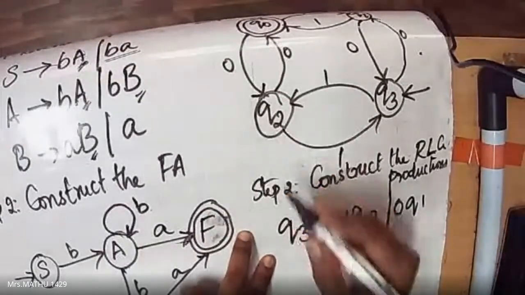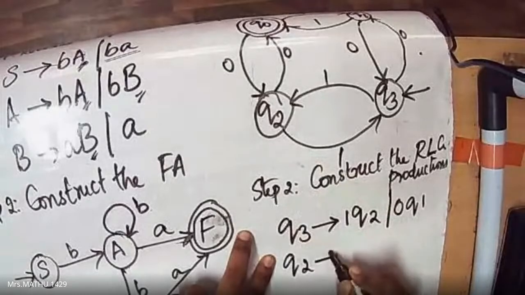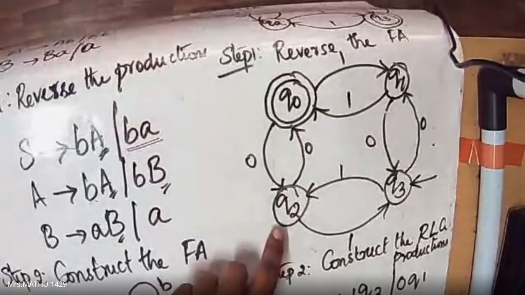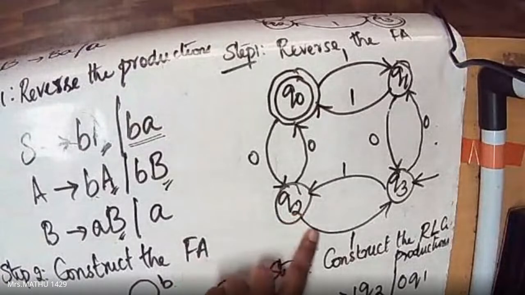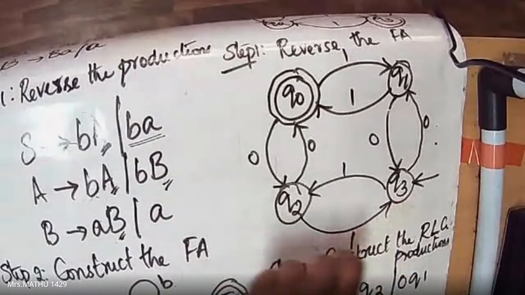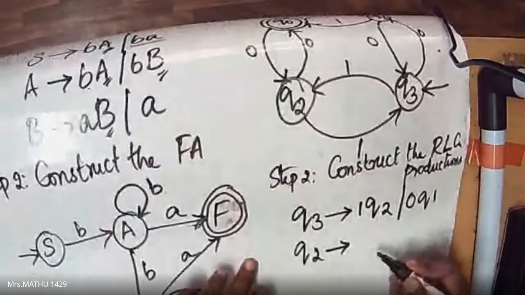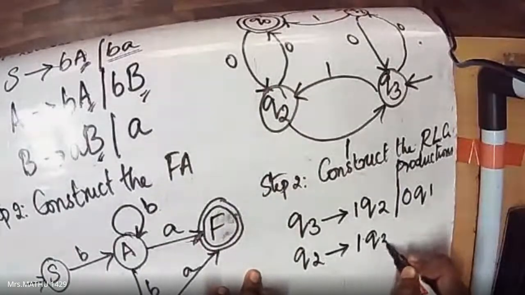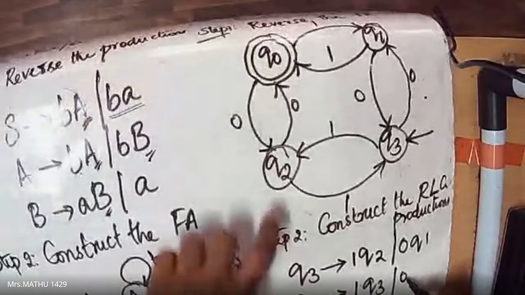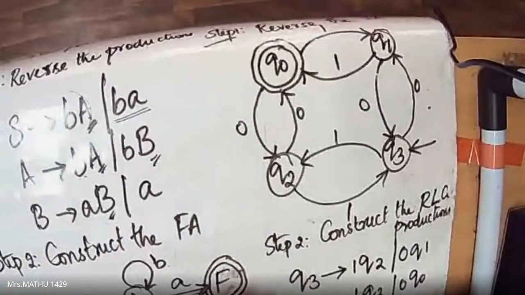Then let us take the next state, Q2. Q2 also has two outgoing edges. On reading 1 it goes to Q3, and on reading 0 it goes to Q0. So 1Q3 or 0Q0.